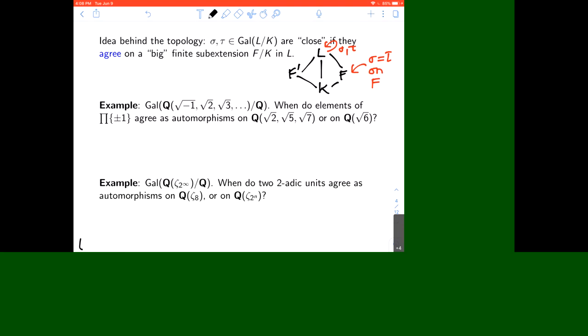So when we talk about automorphisms agreeing, what would it mean if I say automorphisms should agree on the subfield finite extension Q adjoin root 2, root 5, root 7? So let's write down here kind of some signs.